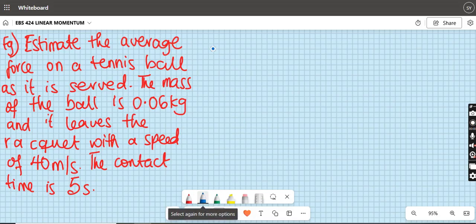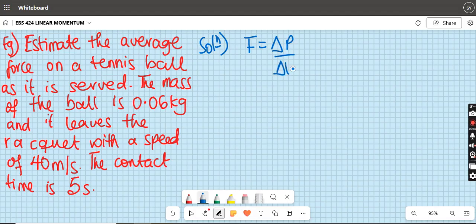So how will we solve this question? We're going to use force is equal to change in momentum over change in time. We may have to find our momentum first. We know that p is mv.